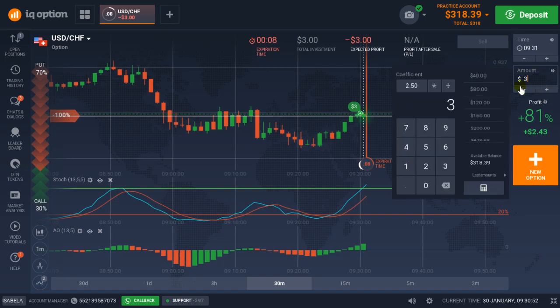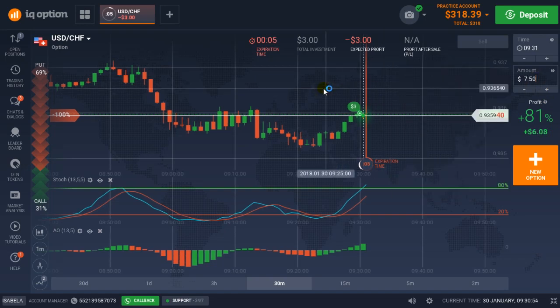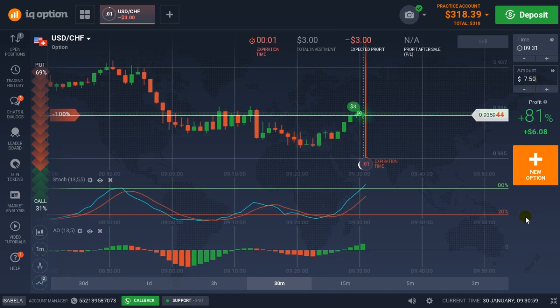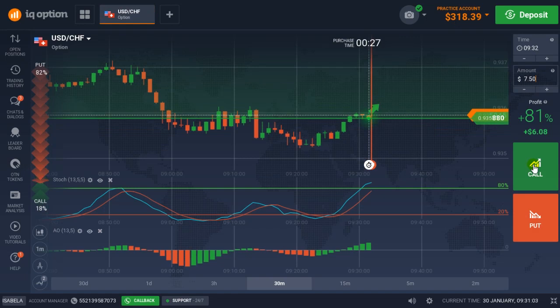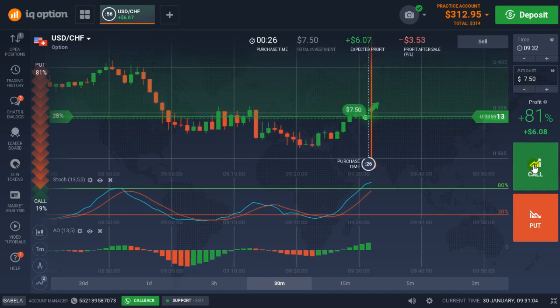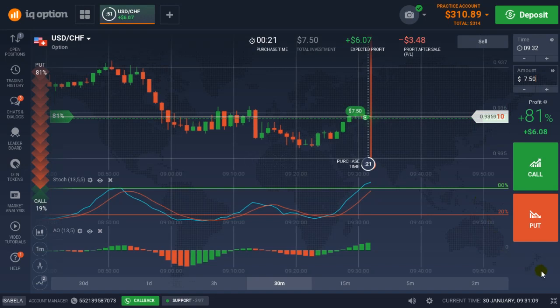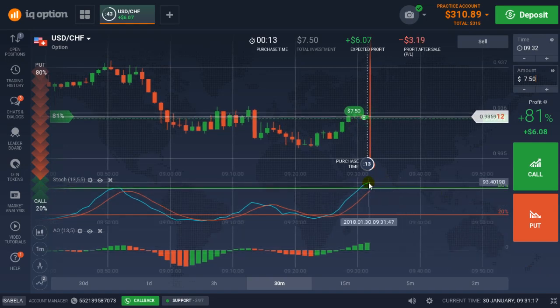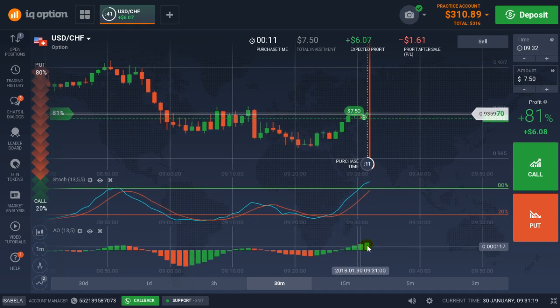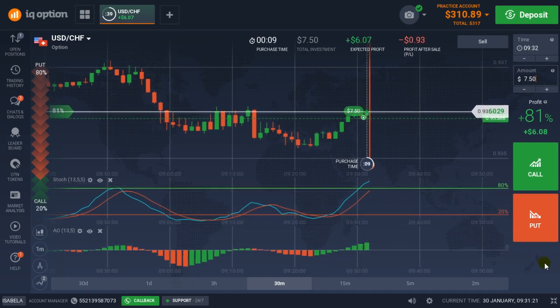Okay, so now I'm going to multiply this by 2.5 times, because it doesn't seem that I'm going to get a winning trade. Green, yep, boom. The red line hasn't hit the 80%. Still a nice separation, still a green candle, up.